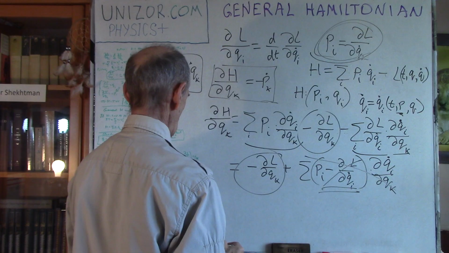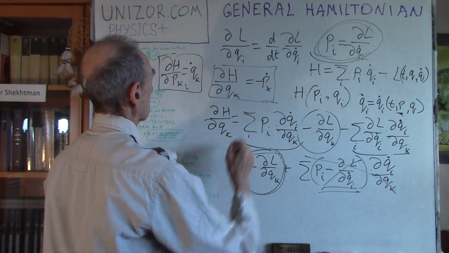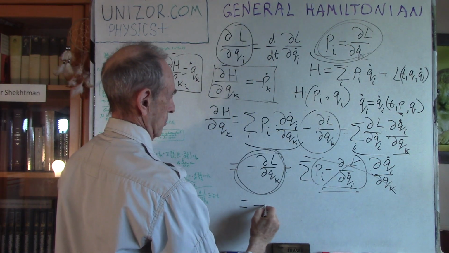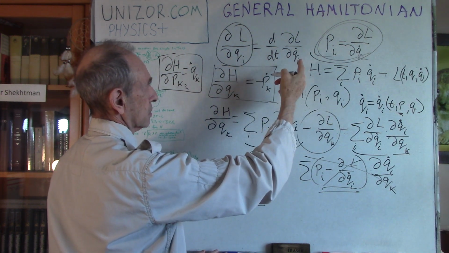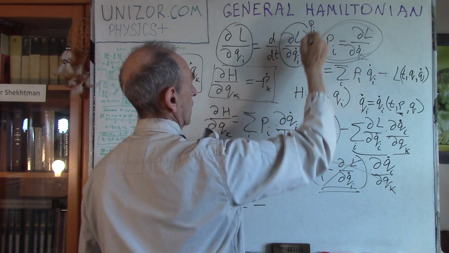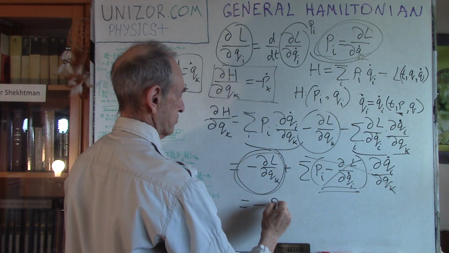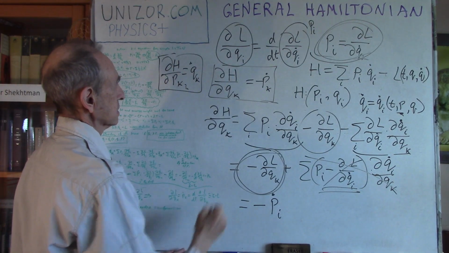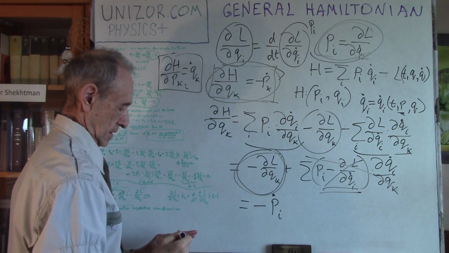Okay. Now, what is this? Look at this. Minus. This is the same as this. It's the Euler-Lagrange equation. Now this is pi. So the derivative by time of pi is pi with a dot. And that's exactly what should be proven here.